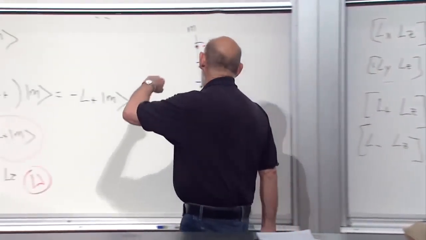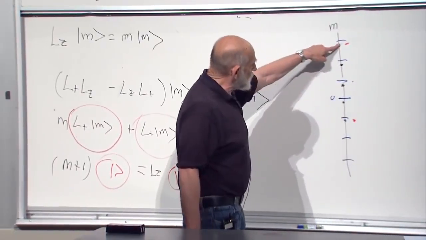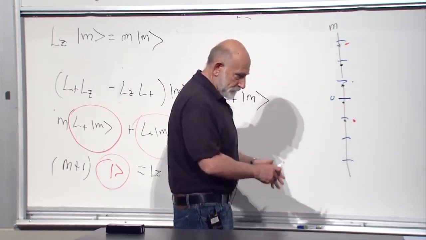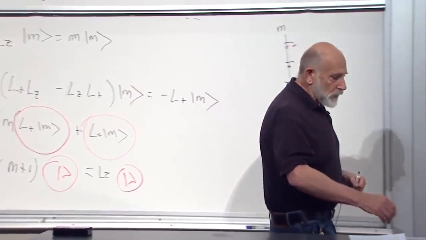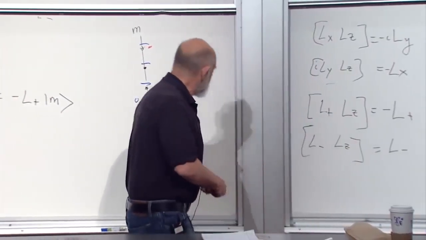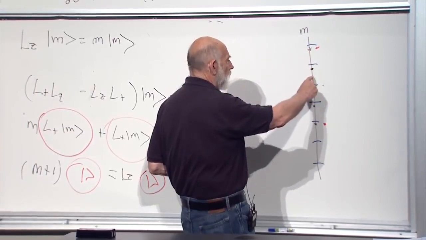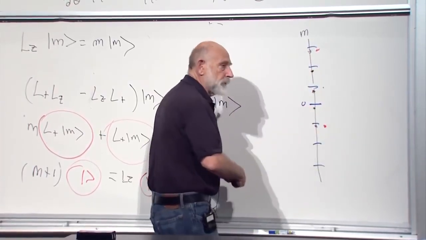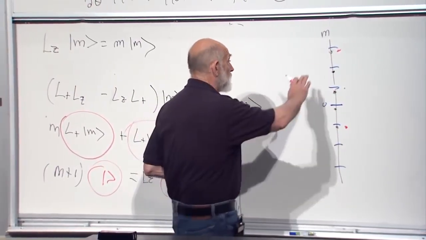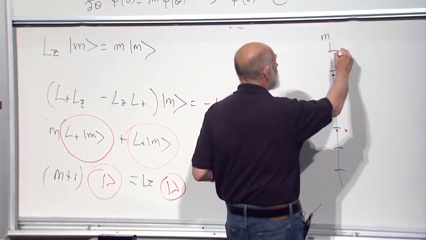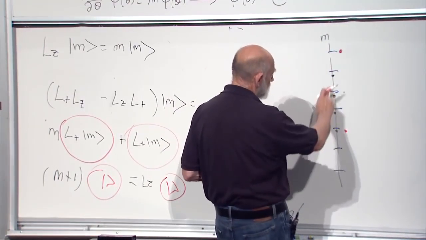So from that, you can conclude that this red dot and this red dot have to be symmetrically placed. There's only two possibilities. If the red dots are symmetrically placed and these are separated by integers, then there's only two possibilities. The first possibility is that the red dot is at an integer.